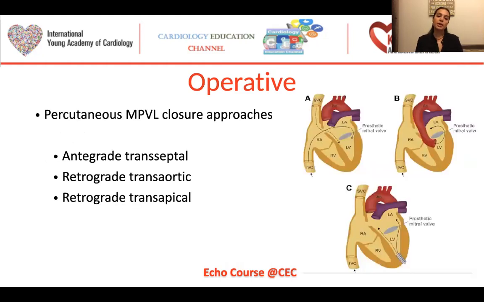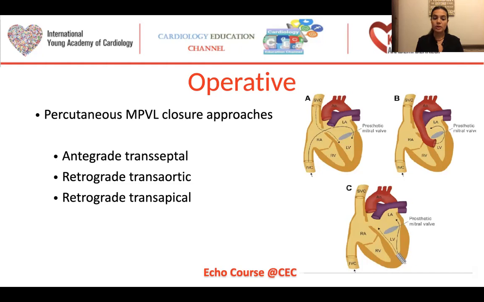So for percutaneous mitral paravalvular leak closure, we have different approaches to get to the defect. The first one is the antegrade transseptal approach, shown in figure A. With this approach, we can get both the lateral and the medial defects.